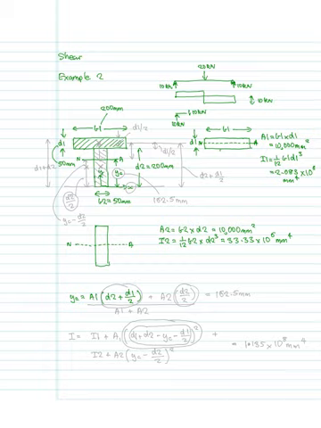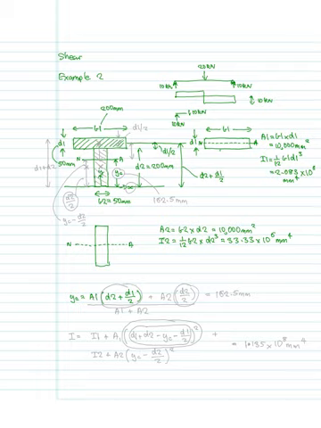So if we just draw a line there, then that distance there is going to be our D2 plus D1 over 2, because that distance there is going to be D1 over 2. So we're taking moments about that line there. So we're taking moments relative to the x-axis, or around the x-axis.